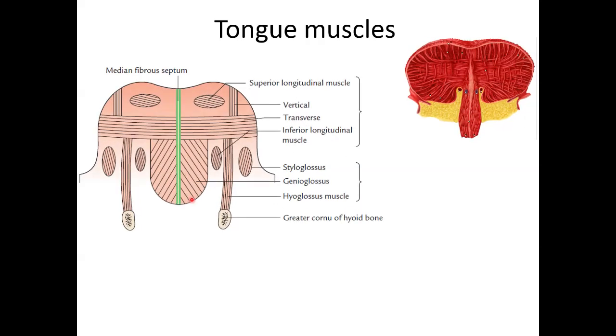That means practically it consists of different muscles which can be divided into 2 subgroups, into intrinsic muscles, inside of the tongue, and extrinsic muscles which are developed from the embryological special pharyngeal arches, first, second, and third.